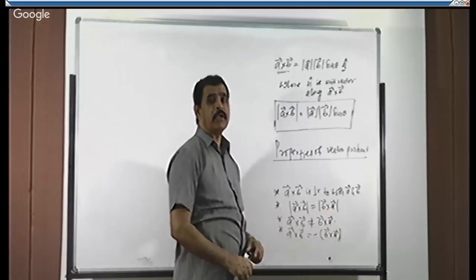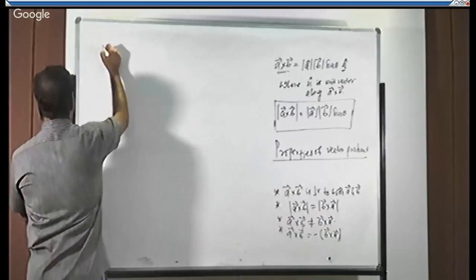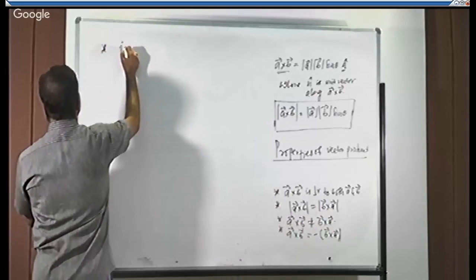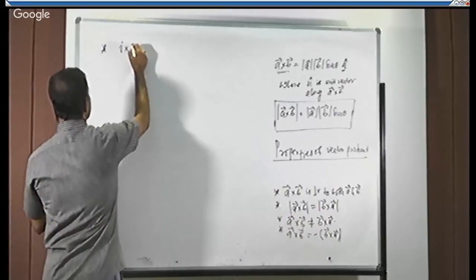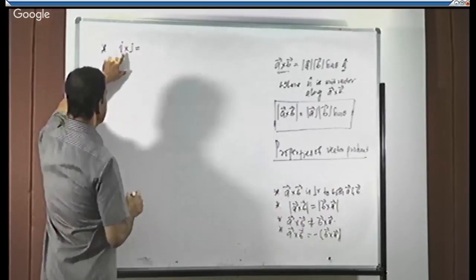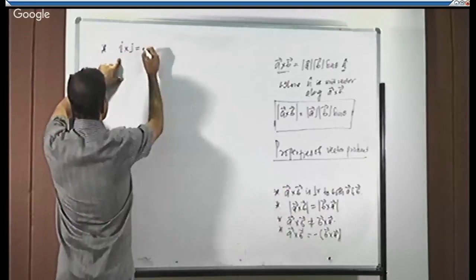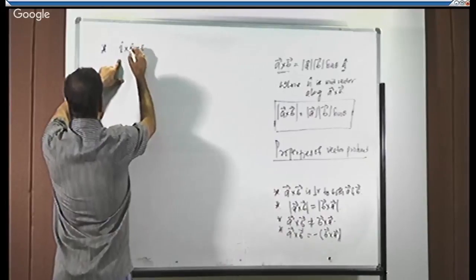The other properties: I is the unit vector along the x-axis, J is the unit vector along the y-axis, and K is the unit vector along the z-axis.